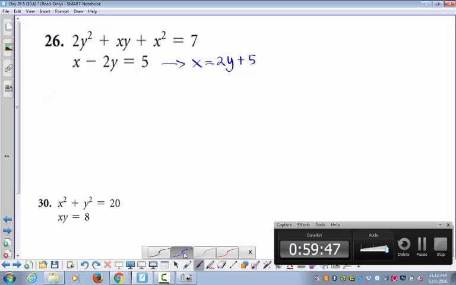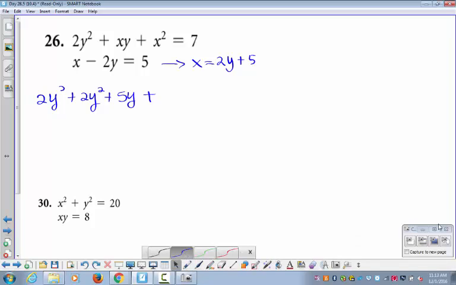So we have 2 times y squared plus x times y. So I'm going to multiply that by y. So that's 2y squared plus 5y. Plus x squared. So we have to square that. That will be 4y squared plus 20y plus 25 equals 7.